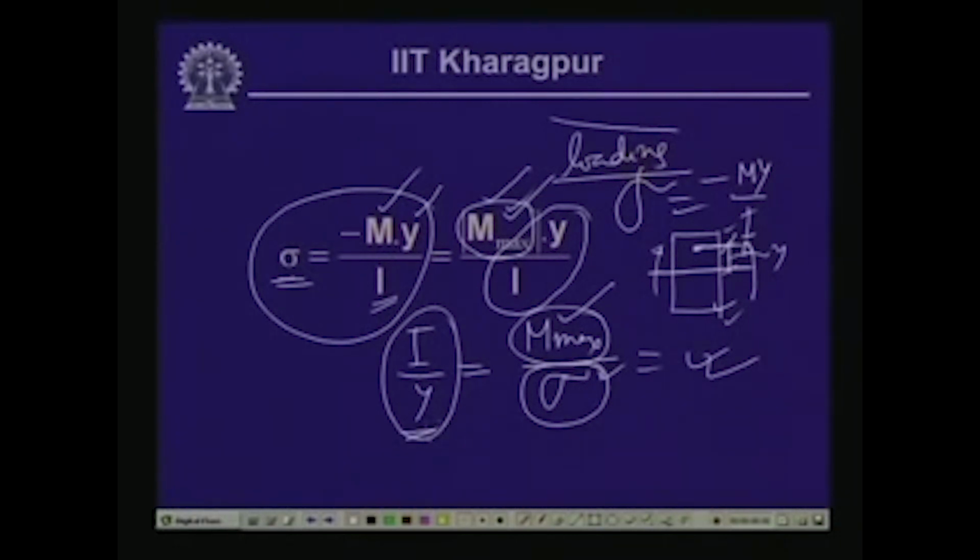From this numerical value of I by y, we can select a particular section, and this parameter I by y we generally designate by Z. If we select a section which has a higher Z value than the Z required, then the section will be able to withstand the bending moment occurring because of the load.